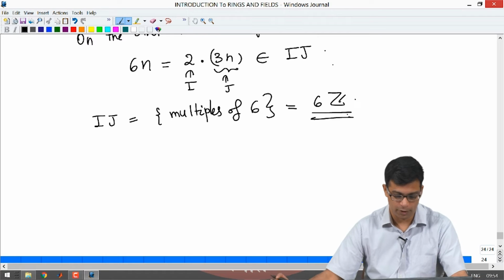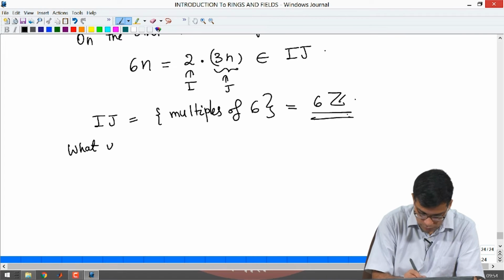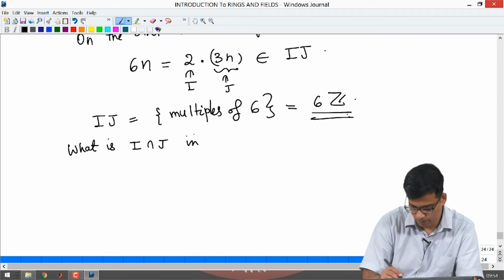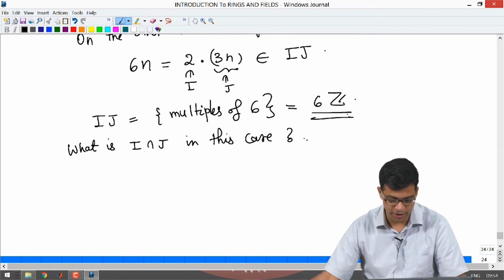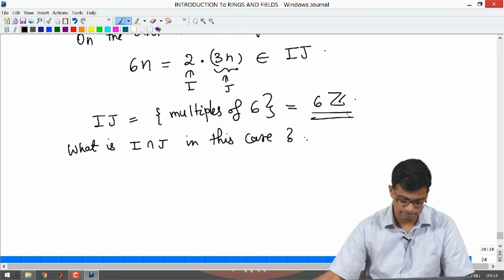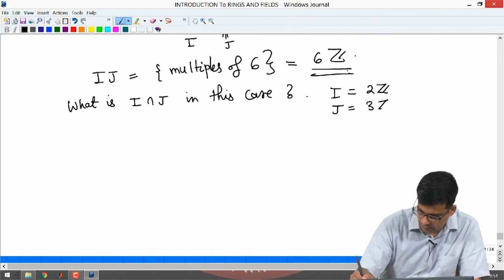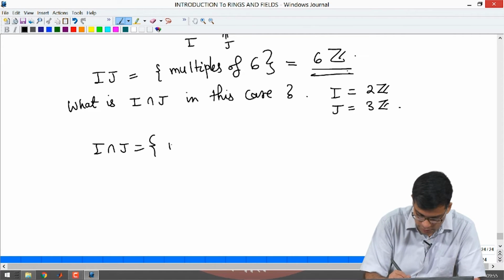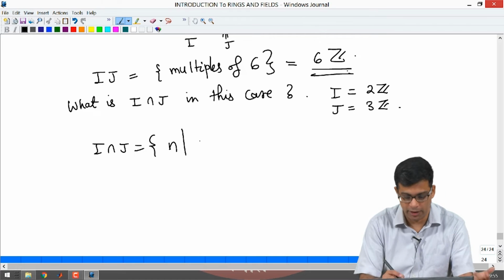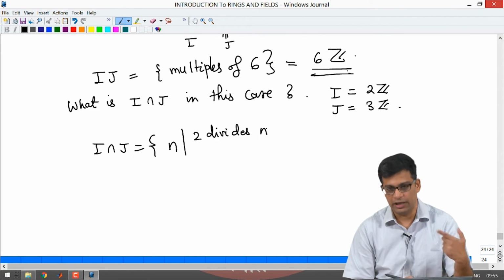Okay, just to finish this problem, let us also compute I intersection J in this case. What is I intersection J in this case? So, again remember I is 2Z, J is 3Z. So, what is I intersection J? So, I intersection J is all integers n such that n is in I, that means 2 divides n, is in 3Z.